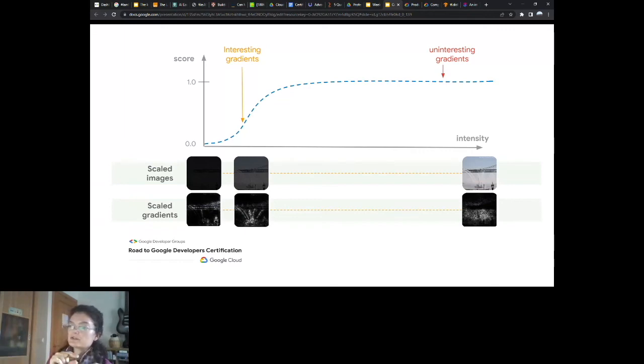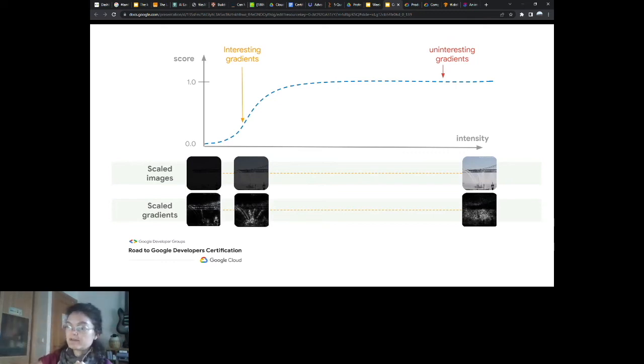So you start with total black, all pixels are put to black, and then you start modifying the luminosity of the pixels, and you see the variation in the score. The score is like something is detected or not. So what you want to see is the jump from not detecting any object to saying, oh, there is something here, right?